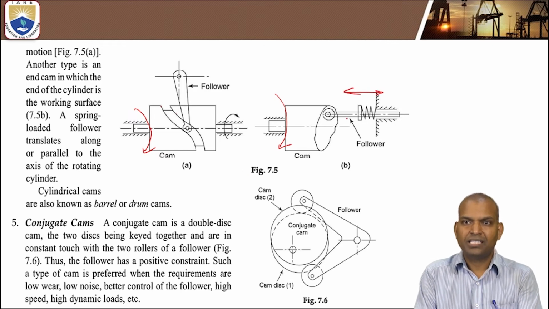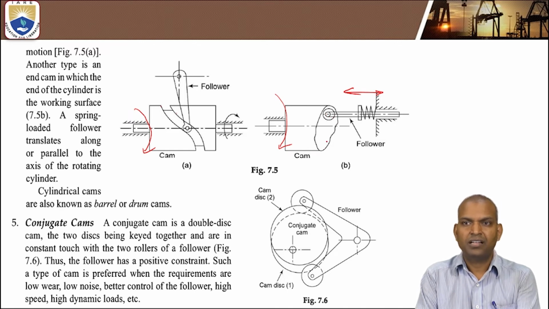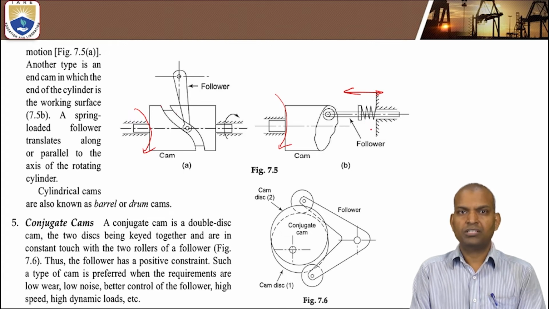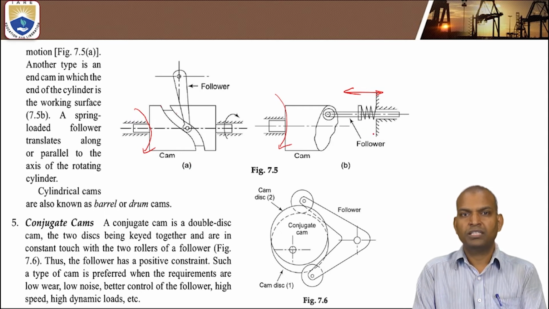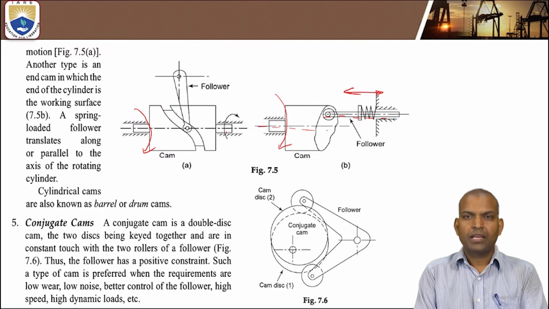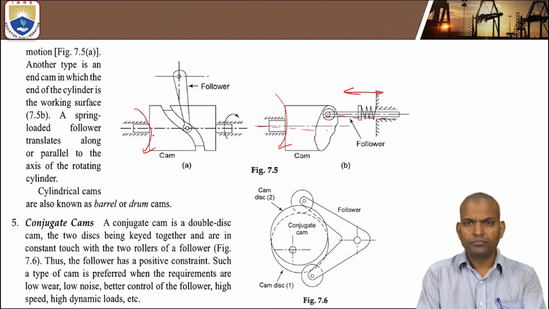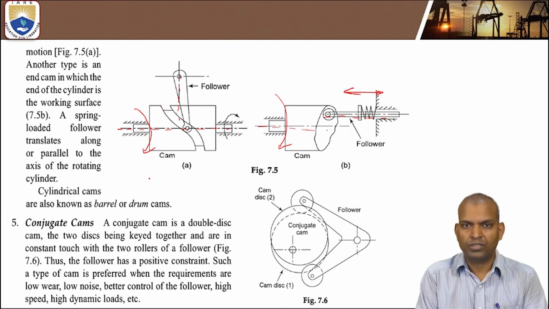In this case, the follower is always in touch with the groove of the cylinder with the help of an elastic element, so it is called a spring loaded follower. The spring loaded follower translates along or parallel to the axis of the cam. Both the axis of the cam and the axis of the follower are parallel, whereas in the case of figure A, the axis of the cam is normal to the axis of the follower.